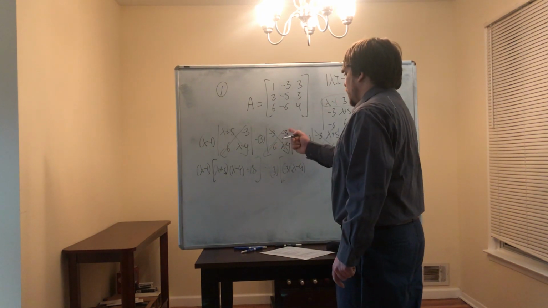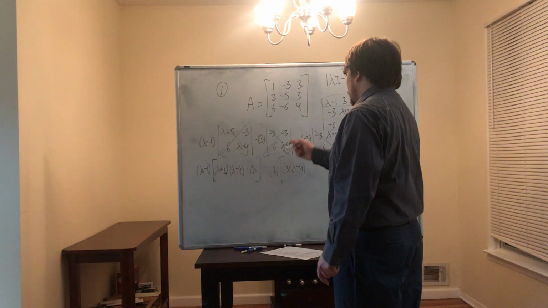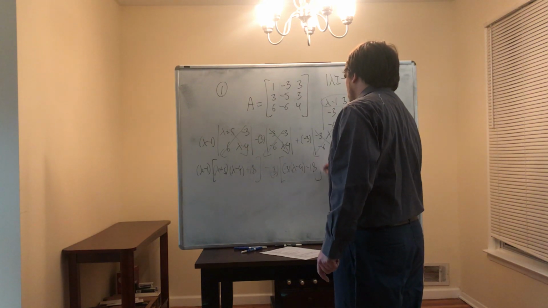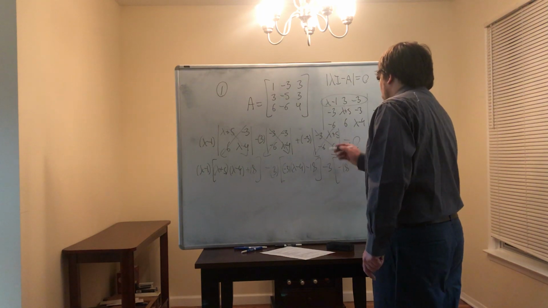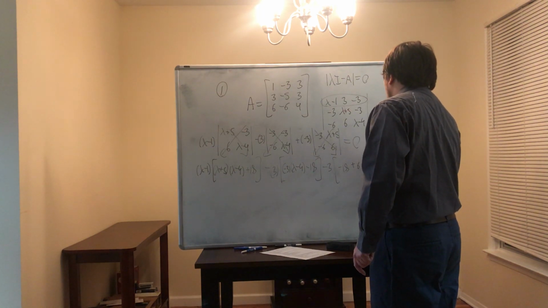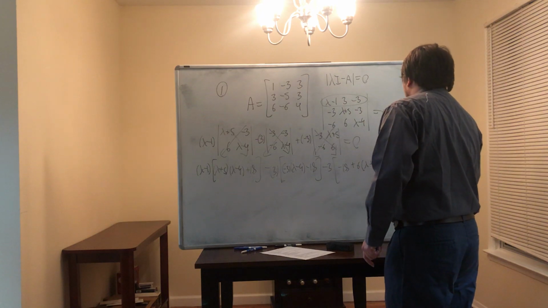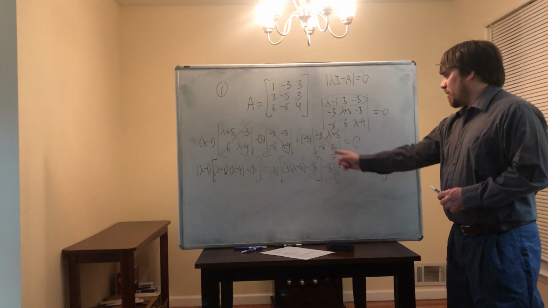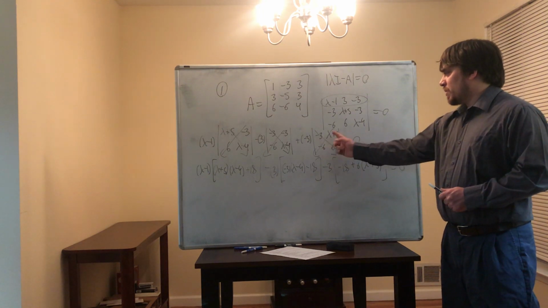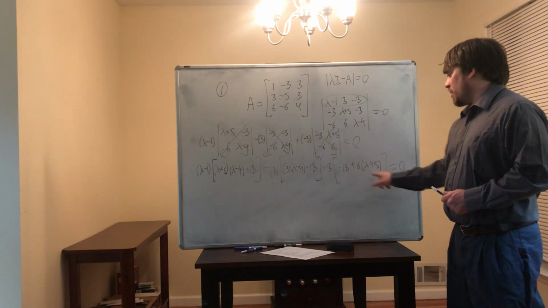But here, -3 times -6 is 18, and you're going to subtract the product, so I'm subtracting 18 there. I'm going to skip some of the calculations here because it's easier to present that way. It's this times this, which is -18, minus this times that, which is +6 times that.